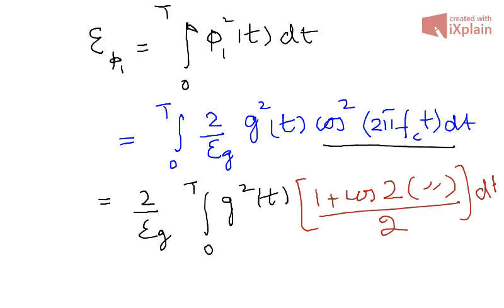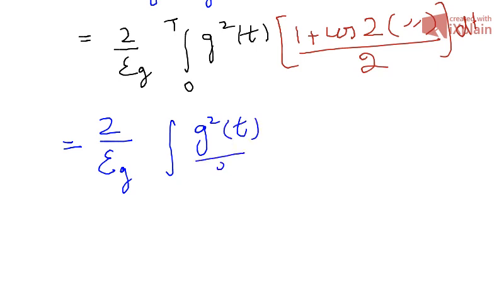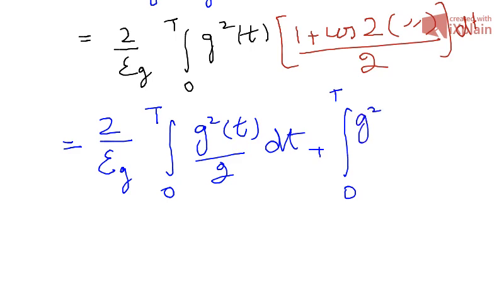You can write it in this form. Now let's solve it further, and this is 2 over Eg, and you will get g square t over 2 dt, 0 to capital T, plus another term, g square t over 2 cos of 4 pi fct dt.